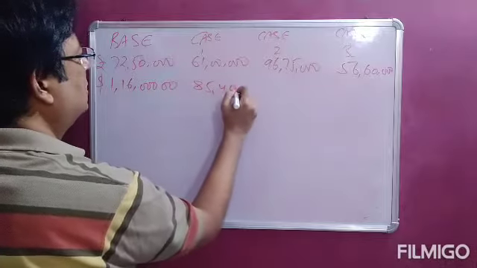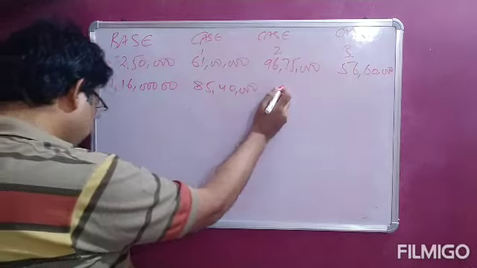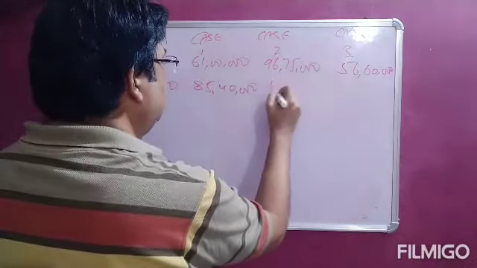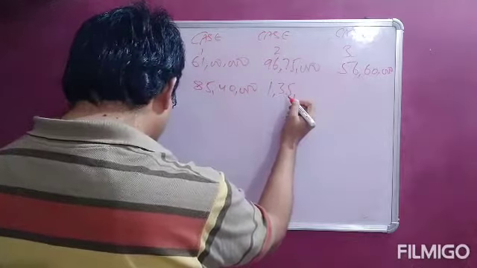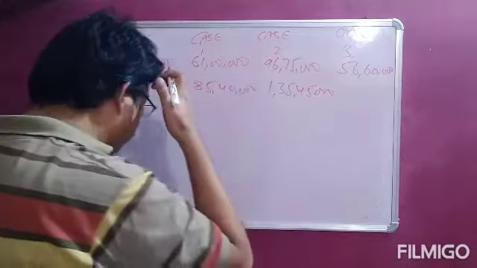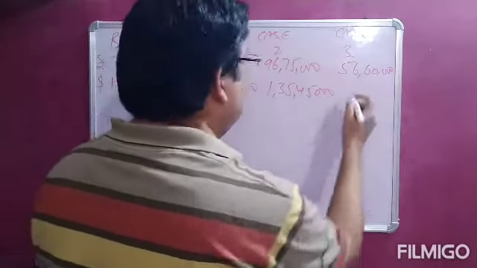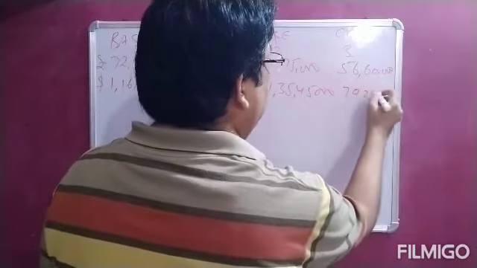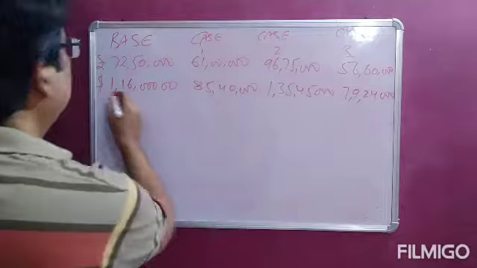In case 2, again it is 1 crore 35 lakhs 45,000. And in the third case it was 79 lakhs 24,000. So this is in dollar terms.